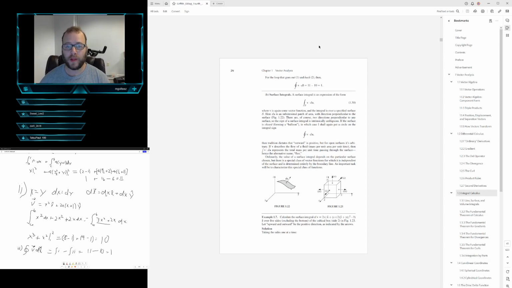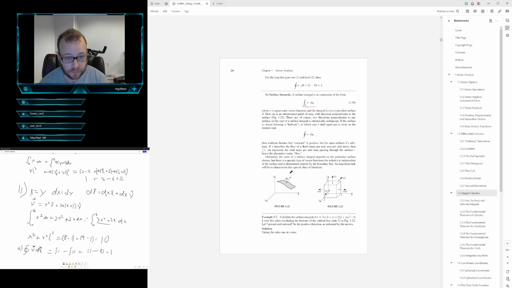So then we have the surface integral. We have some vector times some dA, where dA is some infinitesimal element with a normal direction pointing outward from the material.